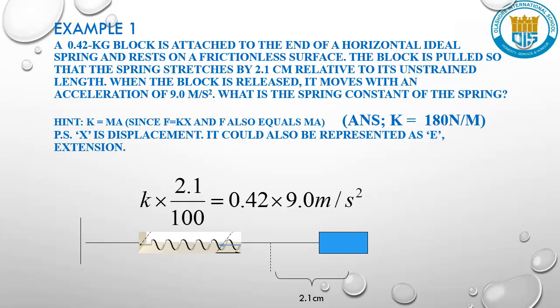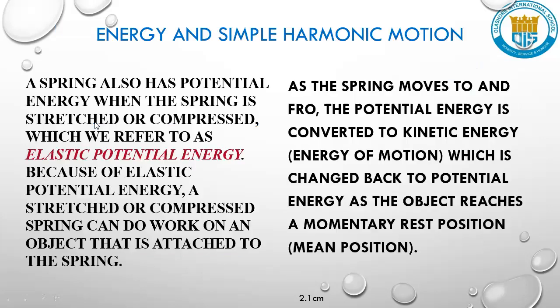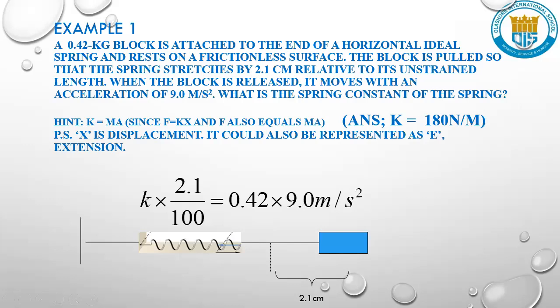I said that since F equals Kx, and F is also equal to ma, then your Kx must also be equal to ma. Kx must also be equal to ma. Let us not forget that.